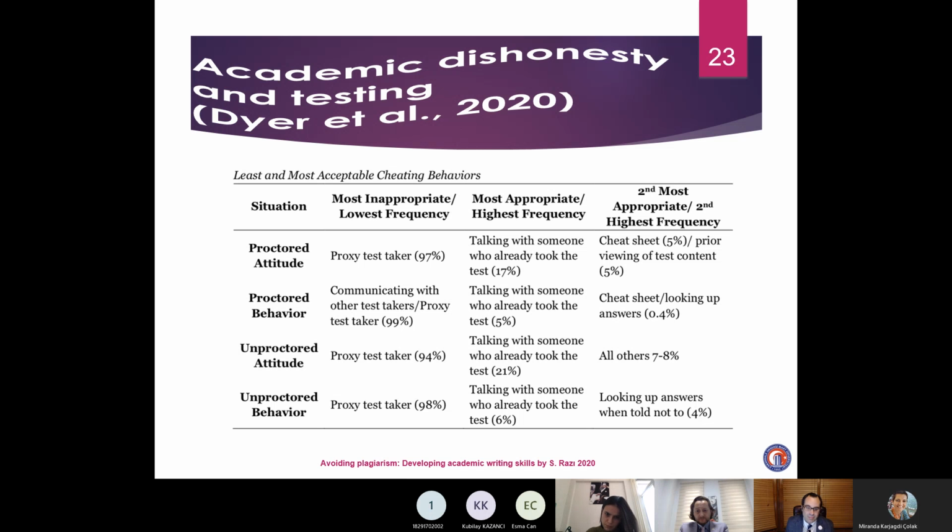So really our biggest takeaway, and these are some examples from the study. Looking here at a proctored environment, a proxy test taker, which would be like contract cheating, right? So paying somebody else to take a test for you. 97% of the students basically said, no, that's not appropriate.